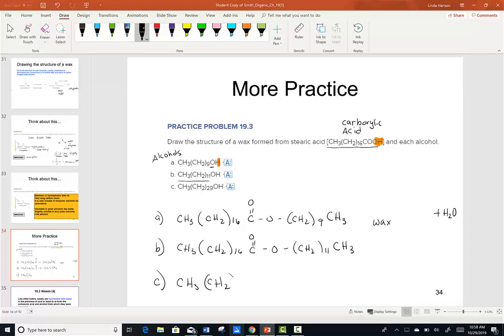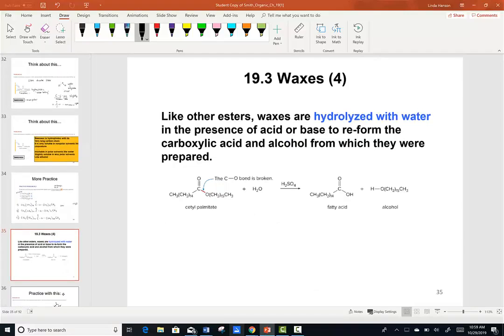CH2 taken 16 times, the carbonyl carbon, now bonding to the oxygen from the alcohol. And this one has 30 carbons altogether. So in a row, we'd have CH2 taken 29 times and ending the tail with CH3. Pretty comfortable with those practices.